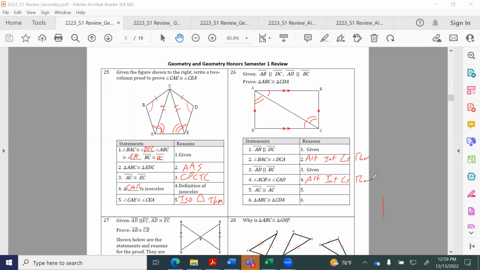Now, we have two parts marked as congruent. The other piece that we know is congruent is AC is congruent to itself. How do we know that? That's an R. It's congruent to itself because of the reflexive property.